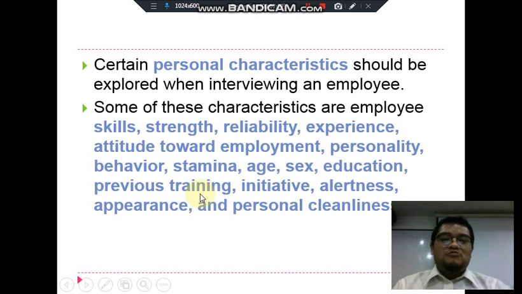Training usually will also come with a certificate of attendance or certificate of completion. You might also want to test the initiative, whether this person is someone who will initiate jobs or someone who will follow jobs. And then alertness to instruction, appearance, and also personal cleanliness.